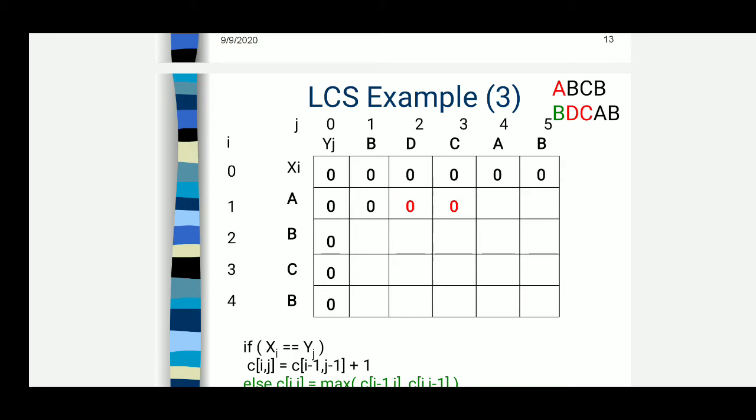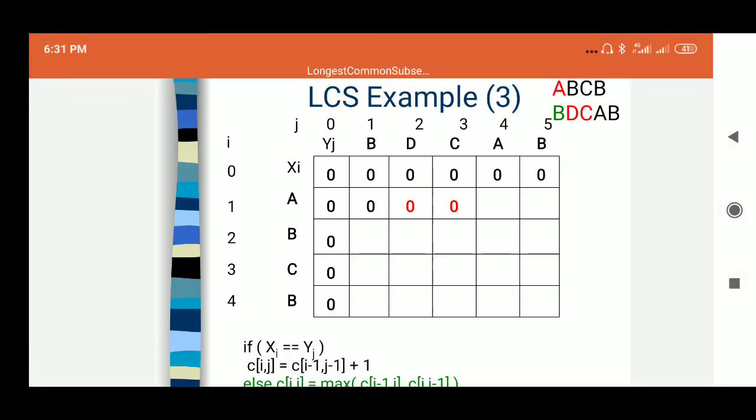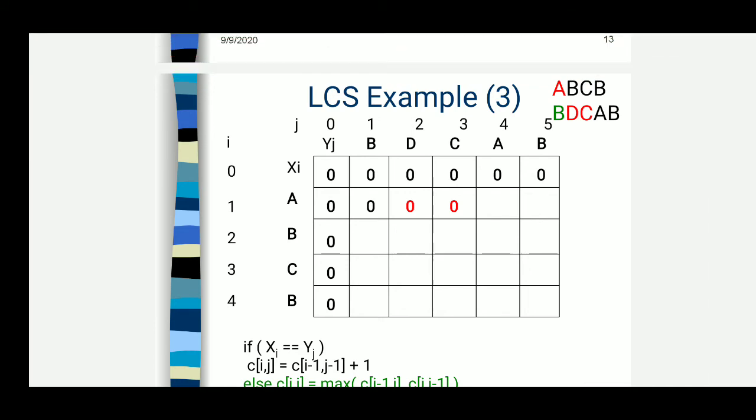Now we get a value where the row and column match: the value of x is a and the value of y is also a, in column index 4, that is, at j is equal to 4.